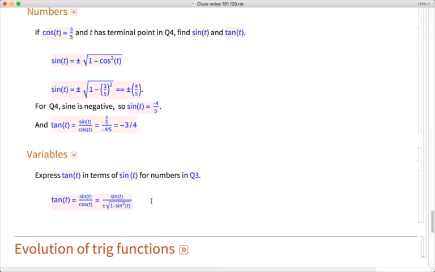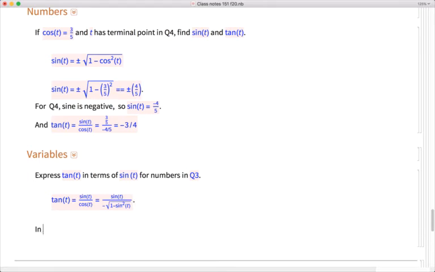So if we're in quadrant 3, we want the tangent to be positive. All students, yep, the tangent needs to be positive, and the sine down in quadrant 3 is negative, so in order to get a positive, we'll need a negative over a negative. I better write out a little bit of that.